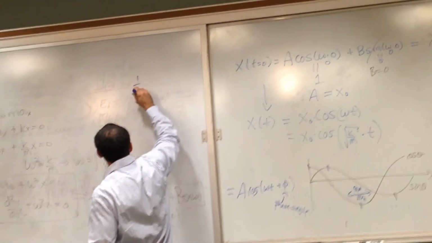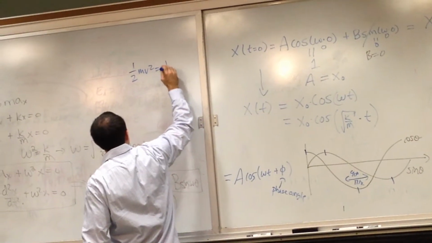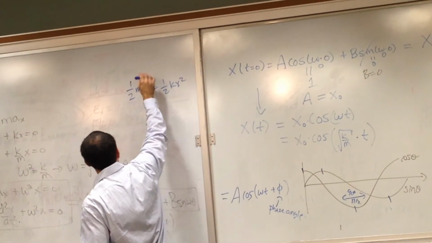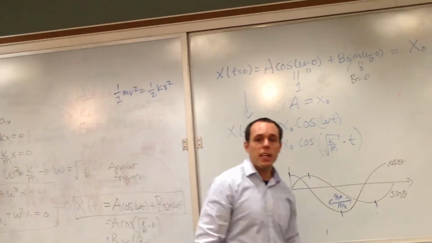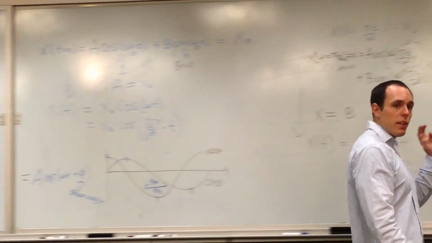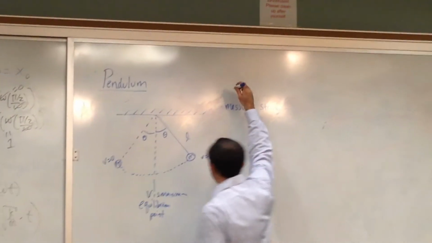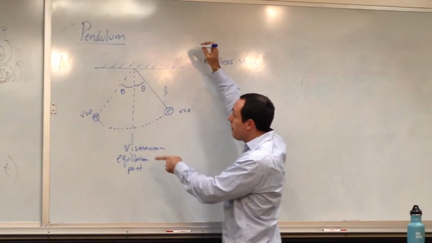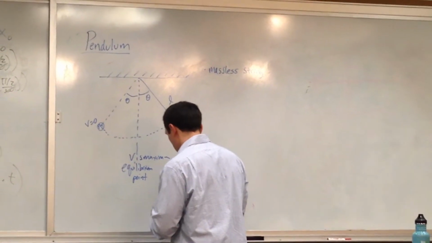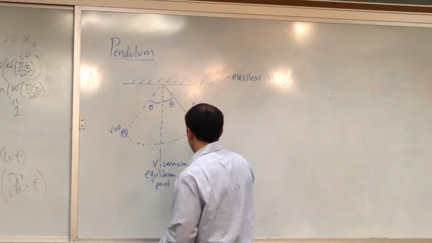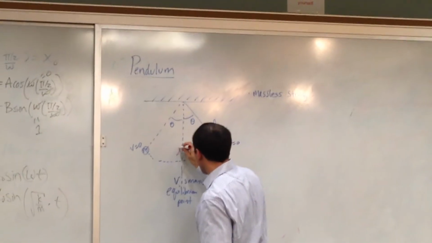Over here, if we did energy, we would say 1/2 mv squared is 1/2 kx squared, so the potential energy of the spring is equal to the kinetic energy of the mass. Here, if you did that and you wanted to find the velocity, notice that this would also be a length L. This is a length L also.